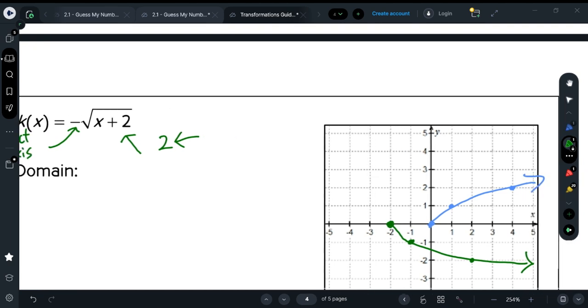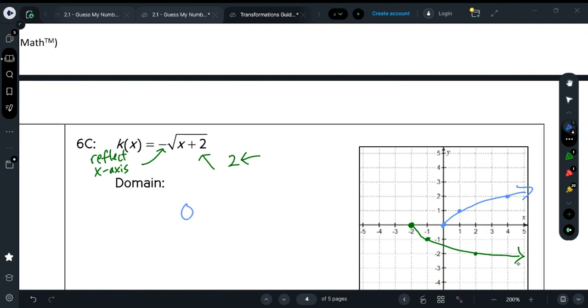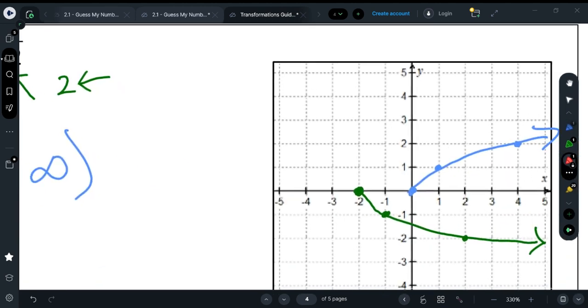And our domain for our parent function is not changing. That's 0, infinity. And again, that's because for our parent function, this is like the brick wall that it never goes past. As it goes to the left, the blue graph never goes to the left of that line. For the green graph, it's actually here. This is as far left as the graph goes. It never goes any further to the left than there. And what's the x value there?